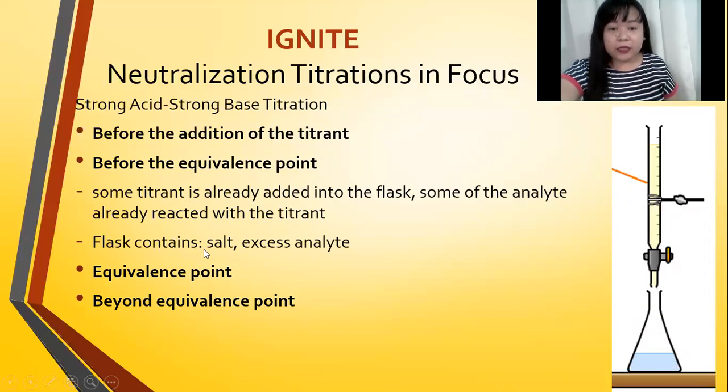And the flask contains the salt, which would be the product of the acid analyte contained in the flask reacting with some amount of the basic titrant, and then we still have excess analyte in the system.